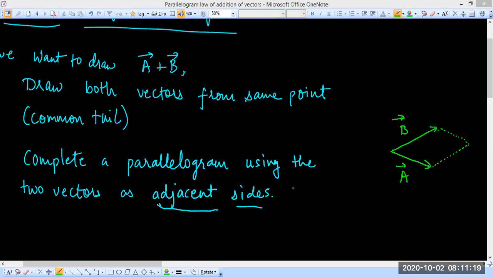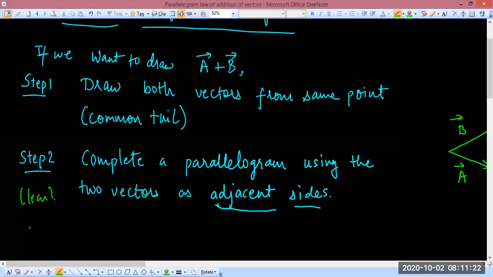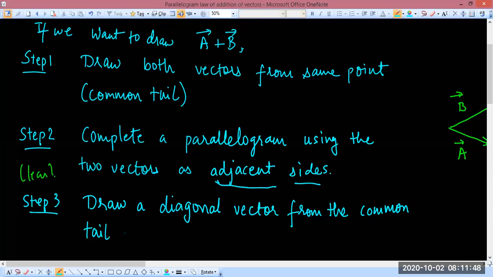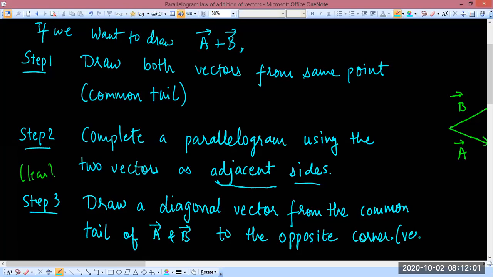Okay. Now step 3. Draw a diagonal vector from the common tail of A vector and B vector to the opposite corner, or vertex, if you understand geometry related language, then vertex.